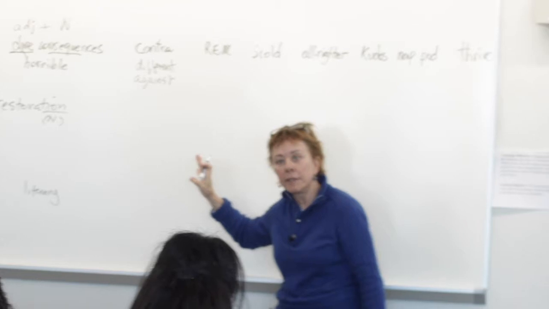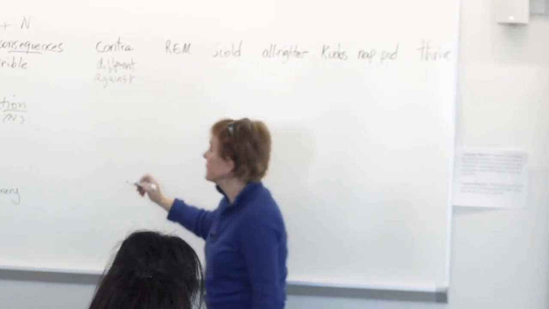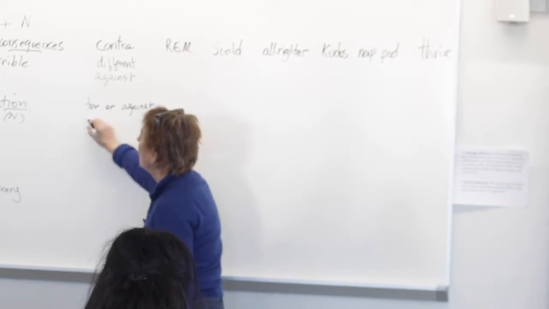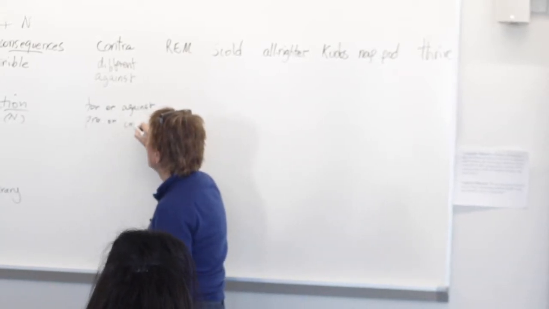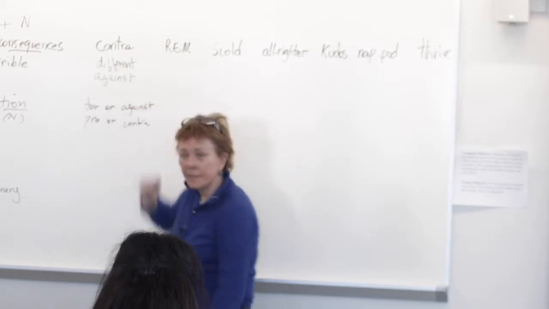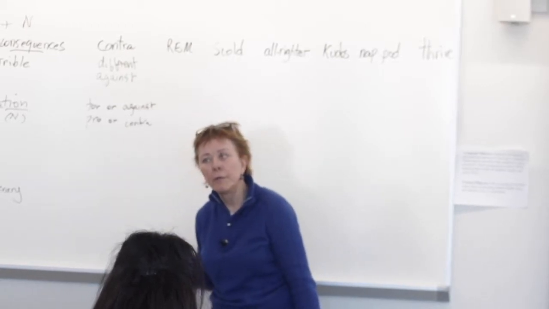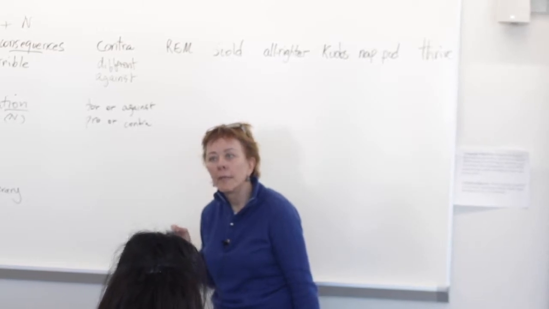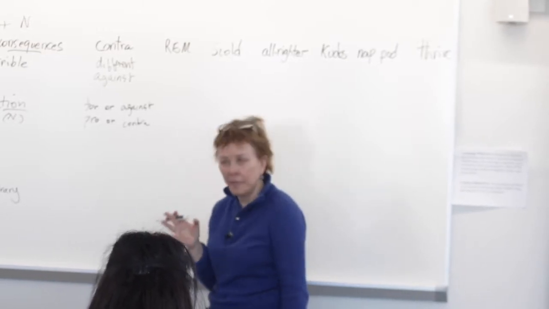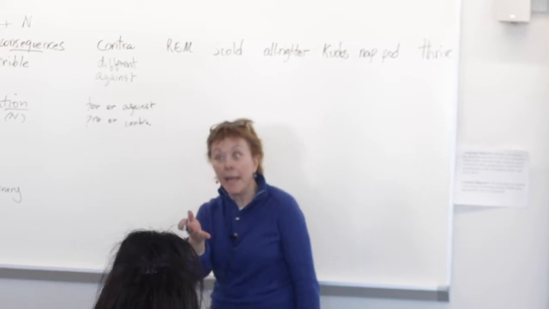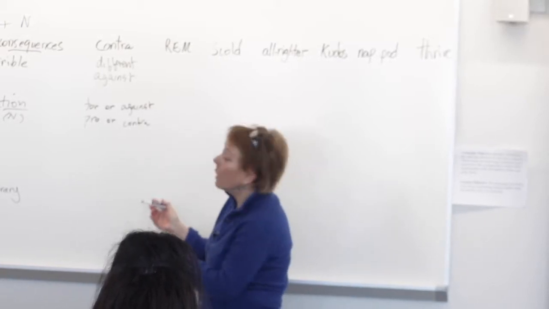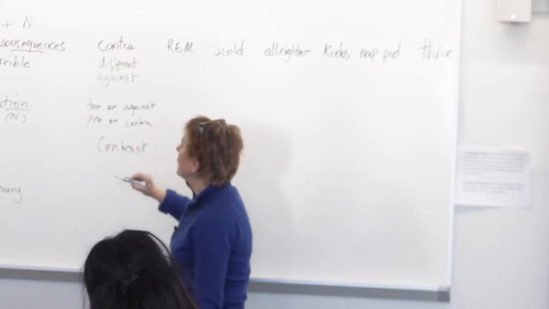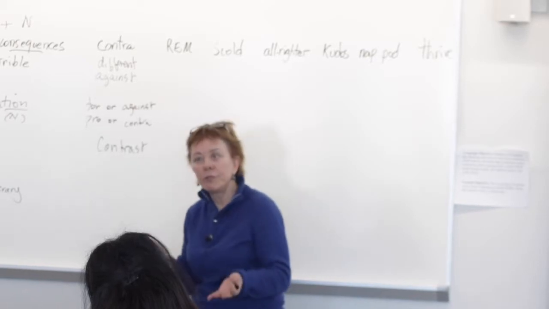What's the opposite of contra? For. So we have for or against. Pro or contra. So is this a full word? No. What is that? It's an adjective, yes, and it's kind of a partial adjective because you gave me the word contrast, and contra is used with something else.